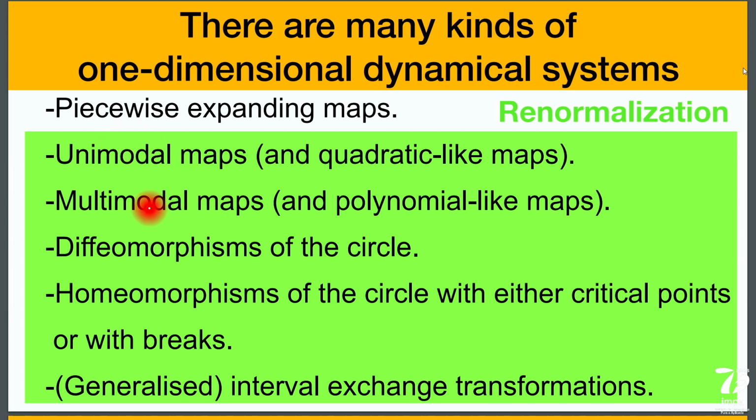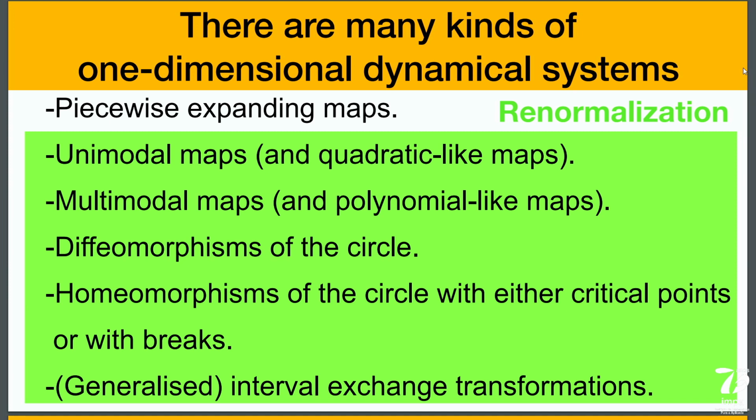For unimodal maps and multimodal maps you use deeply complex dynamics, and in these other ones you use real methods. There is not a unified approach to this. I'm not going to offer that to you today, but the long-term goal is to find methods that work for every kind of thing. Of course, I'm not claiming anything about this.